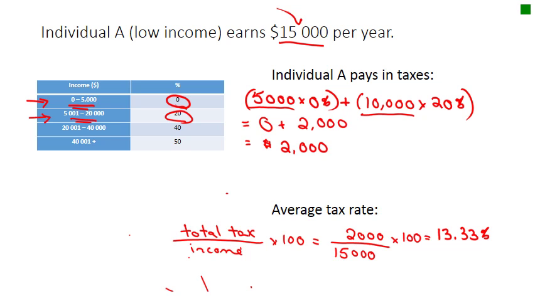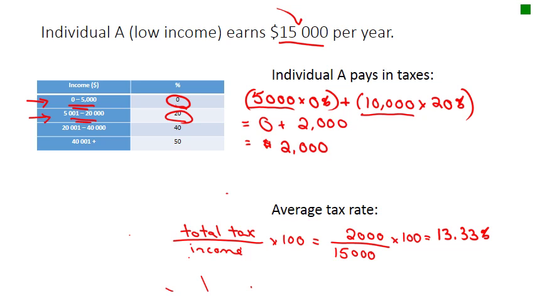So we take the 10,000 and we multiply it by 20%. So this is going to equal 0 plus 2,000, and so the total tax paid is $2,000. And let's just make sure we haven't made a mistake. We've taken 5,000 and added 10,000, which indeed is the 15,000.